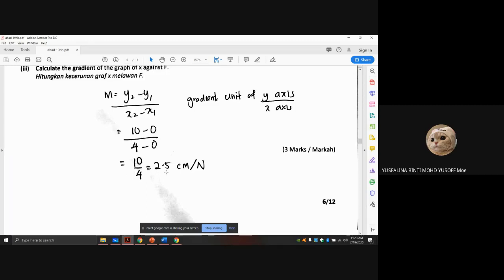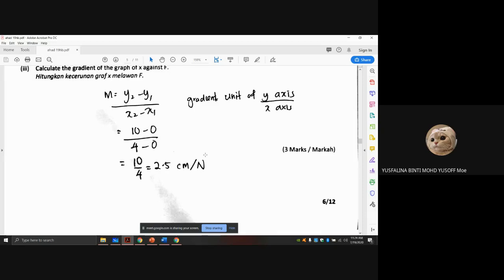It must be in decimal point. So this is 3 marks, right? The first mark comes from the triangle. If it is big enough, the minimum is 5 times 5, like that, right? I told you before. Then you get 1 mark. And then the second mark is when you substitute the value, correct?